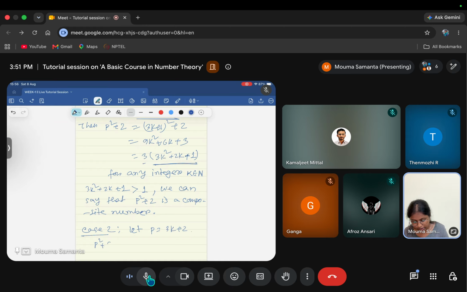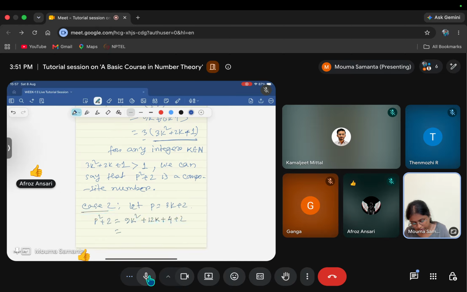Then p square plus 2 equals 9k square plus 12k plus 4 plus 2.